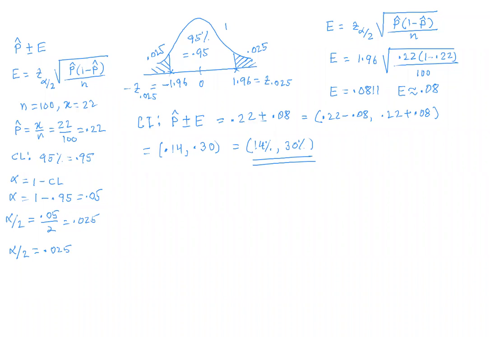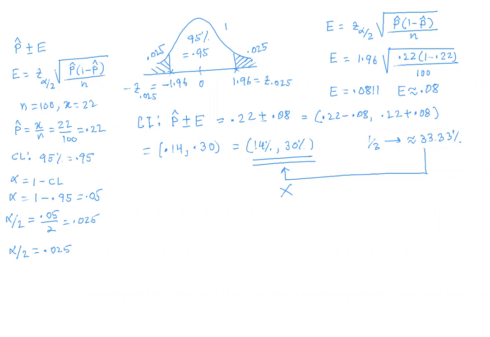However, the national survey gave you a third, right? Which is approximately 33.33%. This 33.33%, however, does not fall within this interval, the confidence interval that you have created.